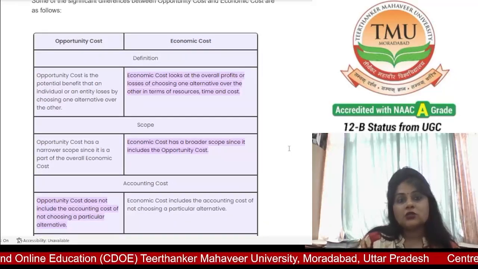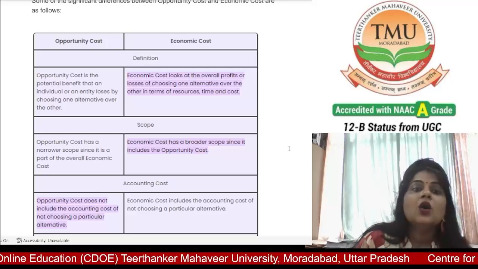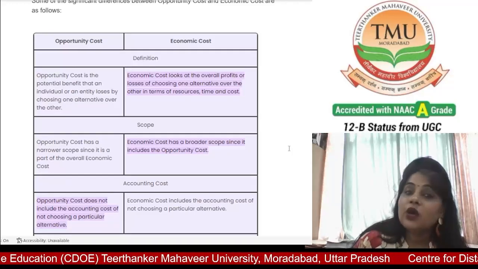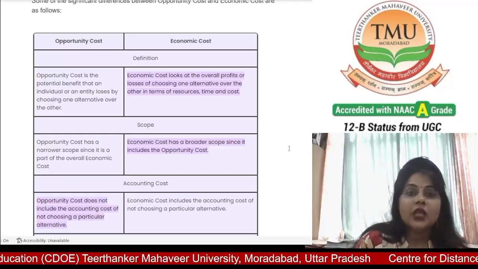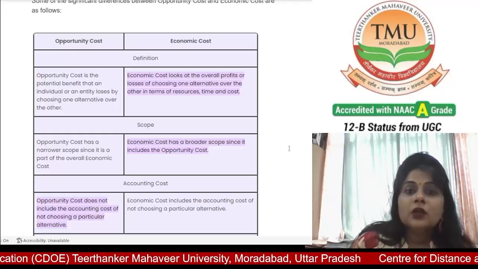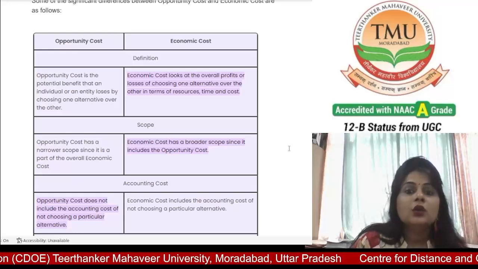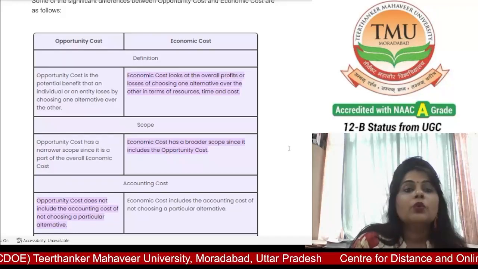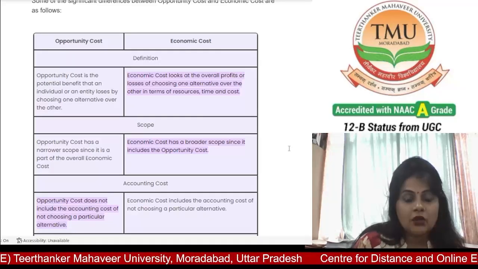First of all, opportunity cost. Opportunity cost is the potential benefit that an individual or an entity loses by choosing one alternative over the other. I have also discussed it in my video. Now, economic cost. Economic cost looks at the overall profits or losses of choosing one alternative over the other in terms of resources, time, and cost.